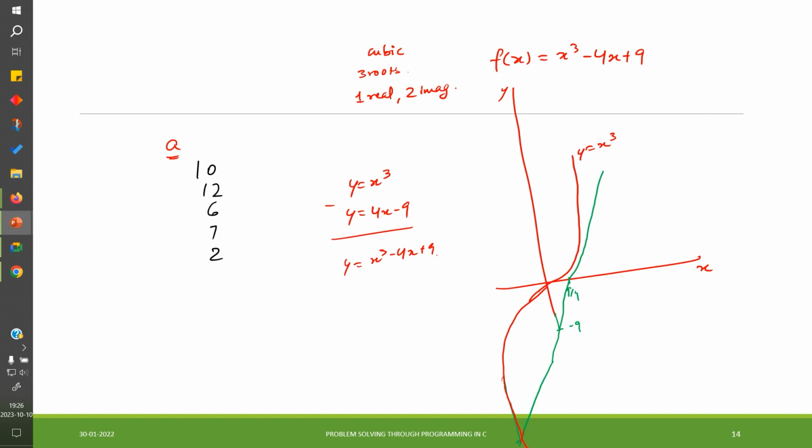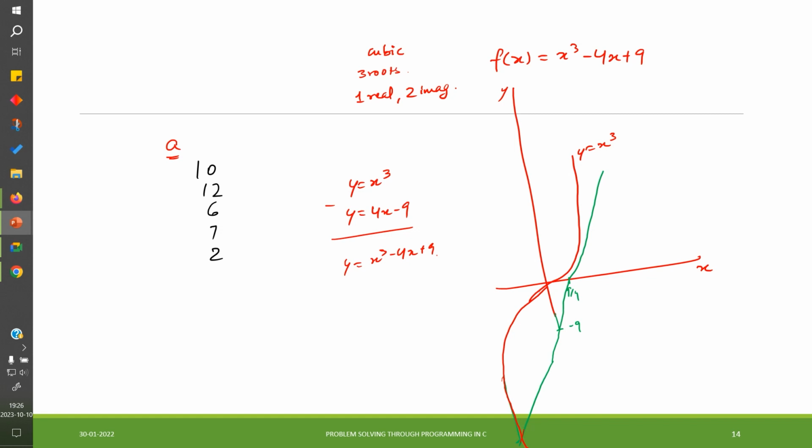So basically, when these two are meeting each other, that is the root, right? One curve I have drawn is x cube. The other I have drawn is 4x minus 9. Whenever these two values are the same, that is where our root is.